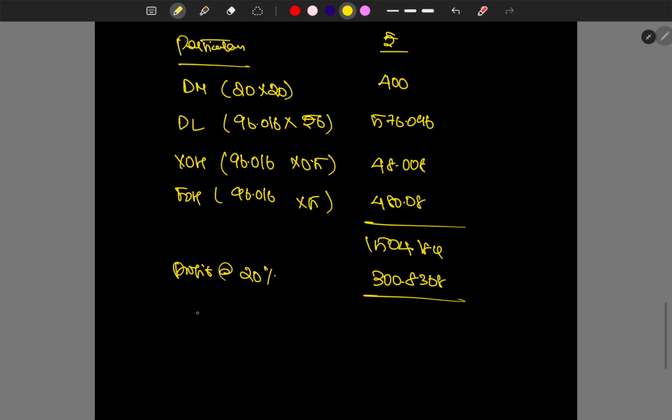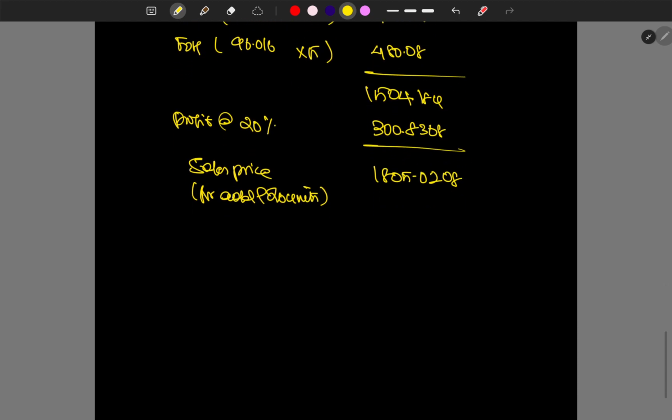The sales price for the additional 20 units is 1504.184 plus 300.8368, which is 1805.0208.